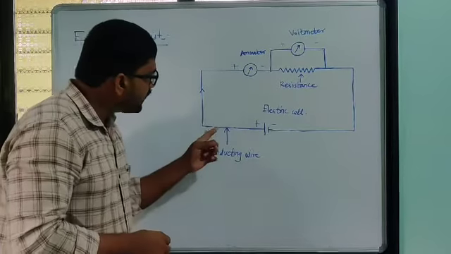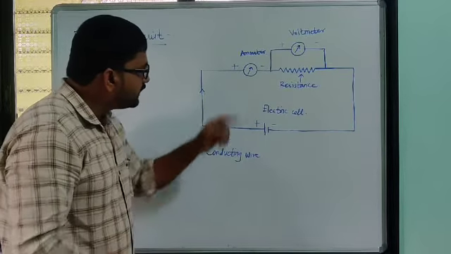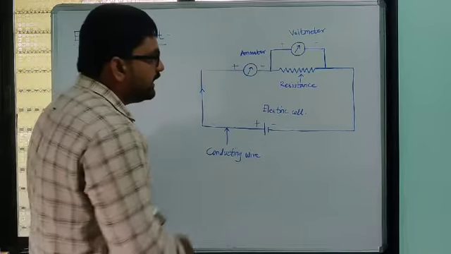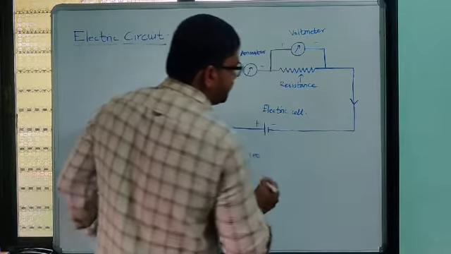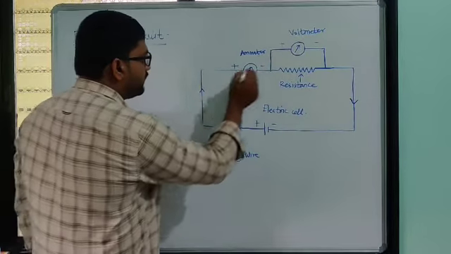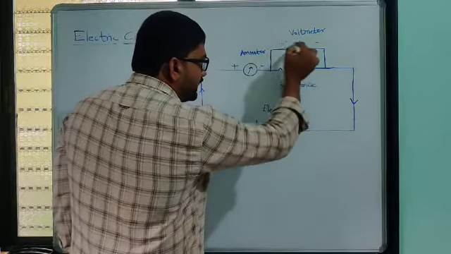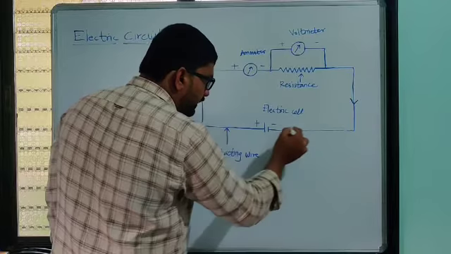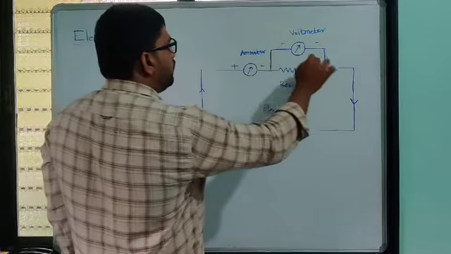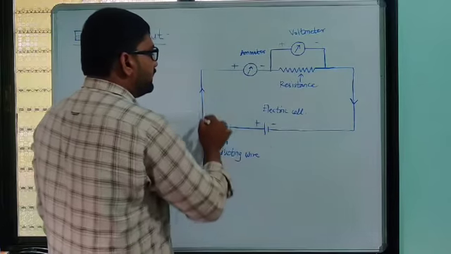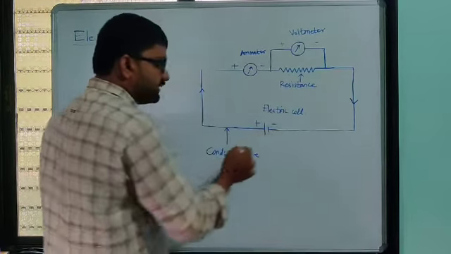Actually these are all conducting wires. Here electric current flows in such a way that from the positive terminal, through all these electric components, it reaches the negative terminal again. So a continuous flow of electric current takes place in this electrical circuit.